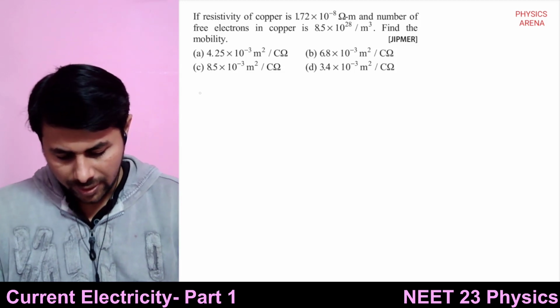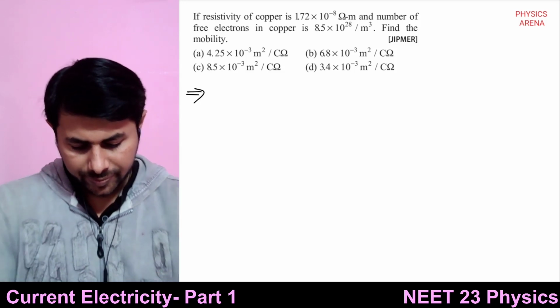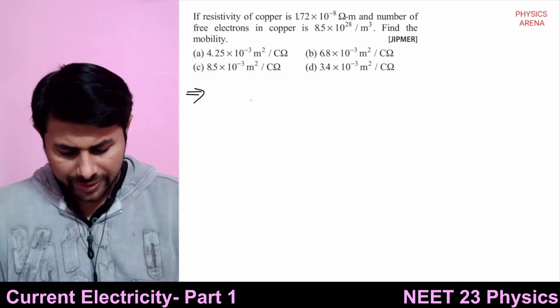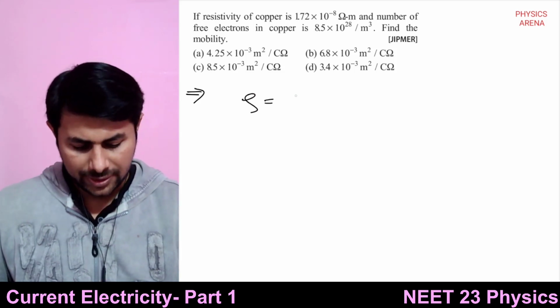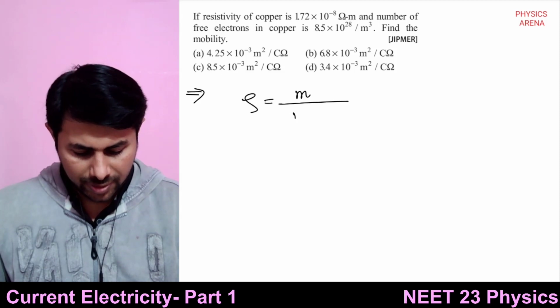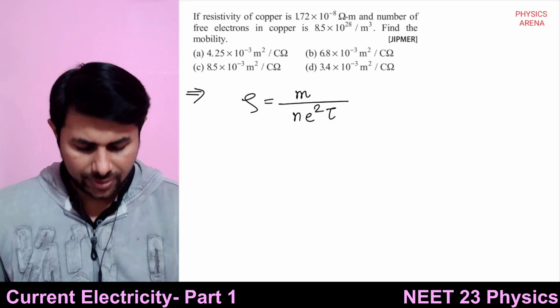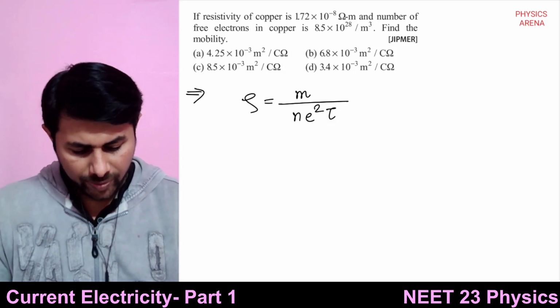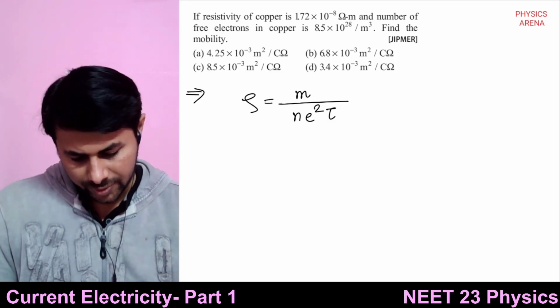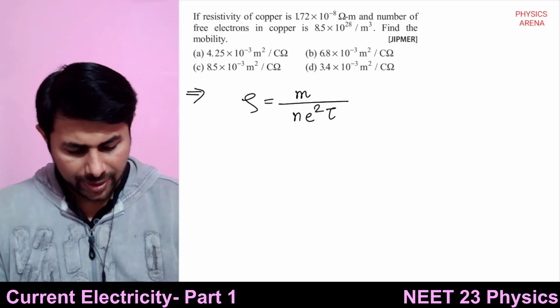Okay. So now we know resistivity is given by which formula? It is m divided by n e square tau.